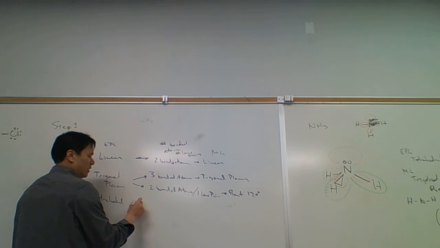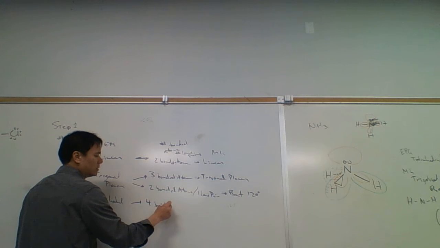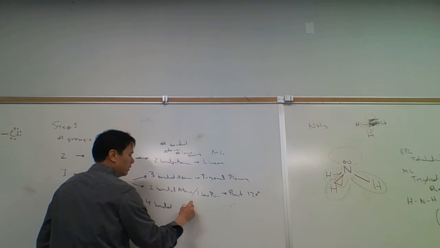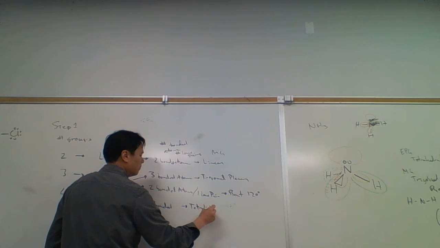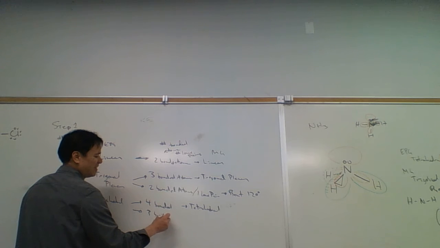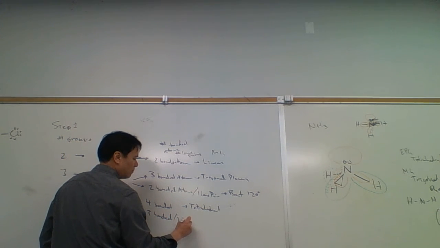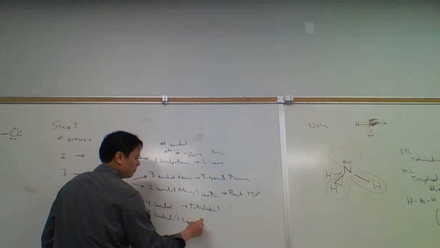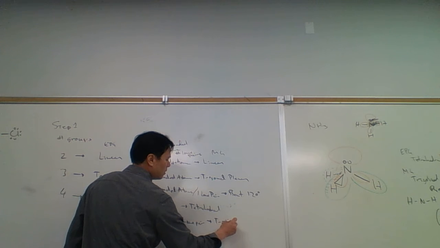For tetrahedral, we have 3 scenarios that come up. We have 4 bonded atoms, 0 lone pairs. 4 bonded will give us tetrahedral. Then we have 3 bonded, 1 lone pair, which gives us trigonal pyramidal.